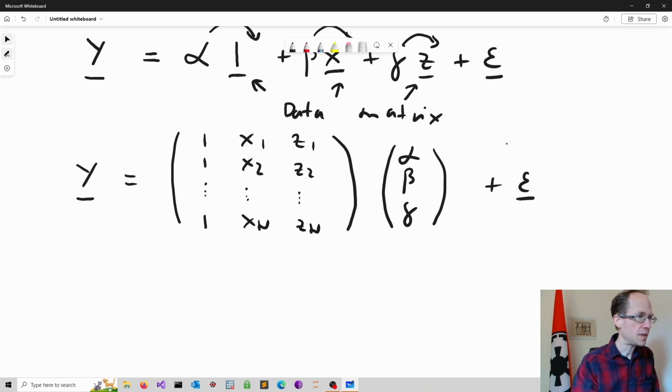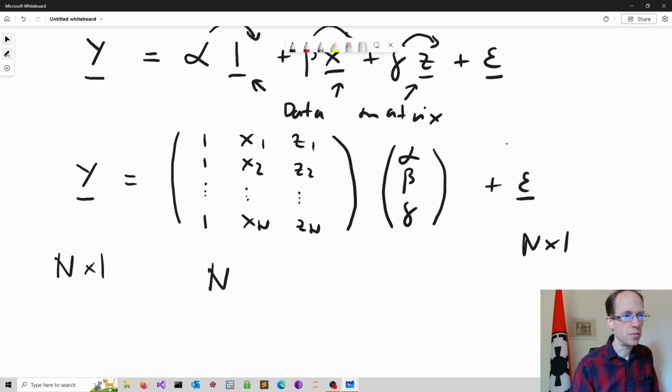We have in this case n rows, and on the left hand side it's an n times 1 vector. Our error term is also n times 1. And you see we have 3 columns. So 1 column for each of the independent variables plus the constant term.